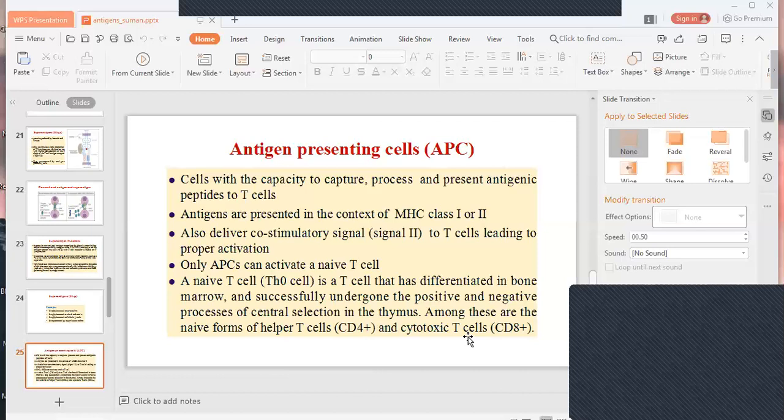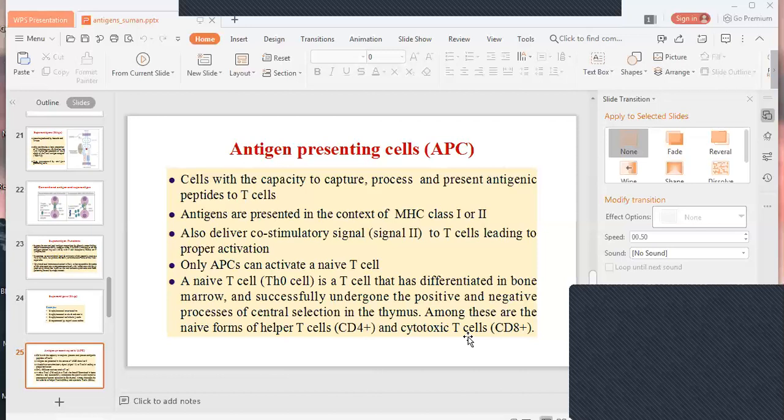These are the T cells that have differentiated in the bone marrow and successfully undergone positive and negative selection in the thymus, from where they originate. Both CD4 plus and CD8 plus T lymphocytes originate from the thymus.